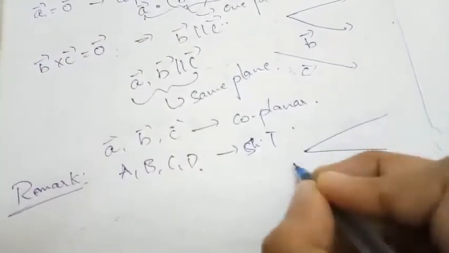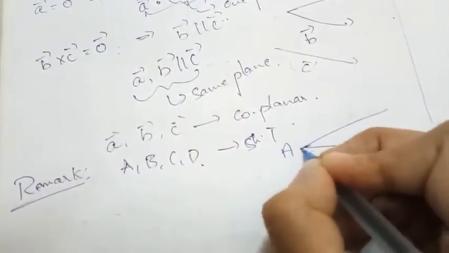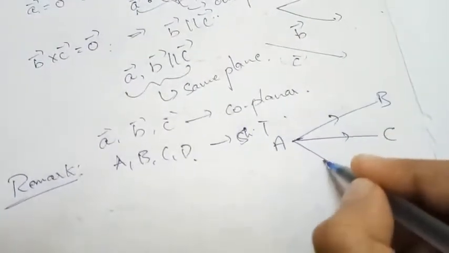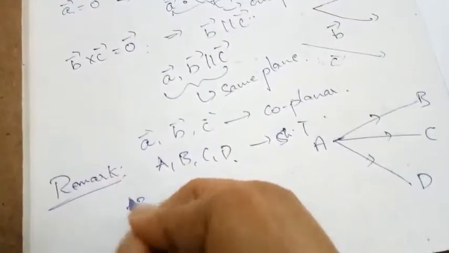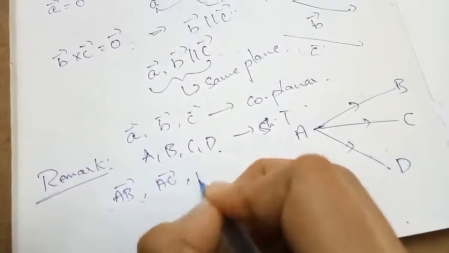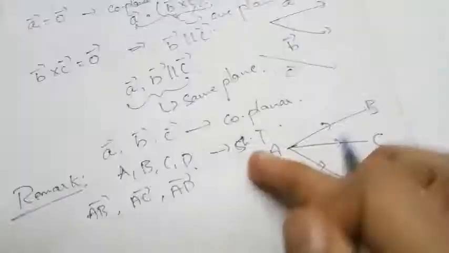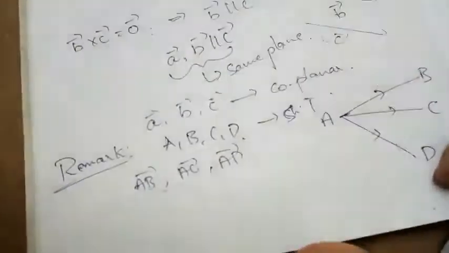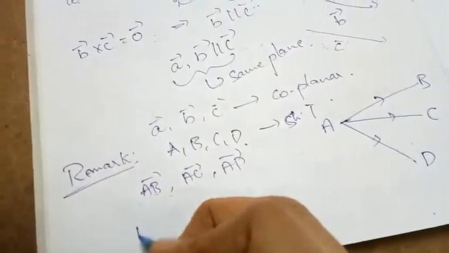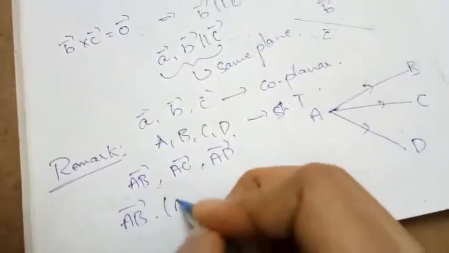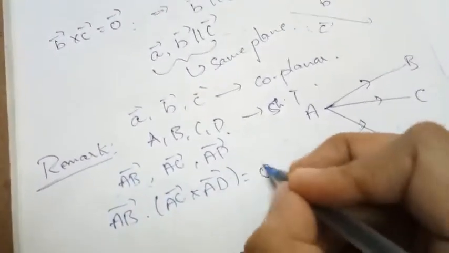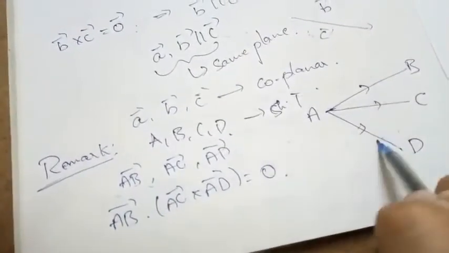Suppose I consider these as our points A, B, C, D. We can consider three vectors here, that is vector AB, vector AC and vector AD. So the 4 points are lying in the same plane, that is the plane book, and I consider the three vectors. Now with the concept of coplanarity of three vectors, I can show that vector AB dot vector AC cross vector AD, if this scalar triple product is equal to 0, then these three vectors are lying in the same plane.